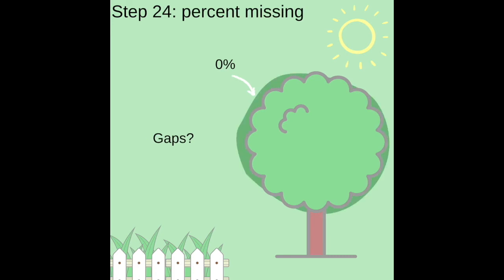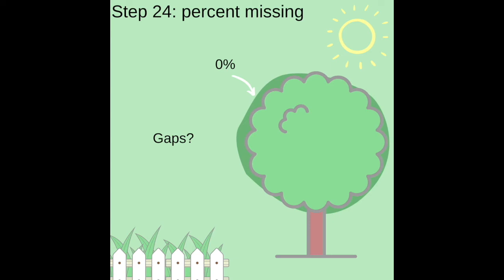Step 24, percent missing. Again, this is a visual assessment and an estimation of how many branches and leaves are missing from a complete crown. This requires a bit of imagination. It is best to think of the typical crown shape. For many trees this will be a sphere. If the crown completely fills the sphere shape, it will score 0% because there is nothing missing.